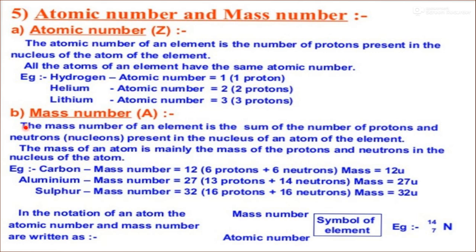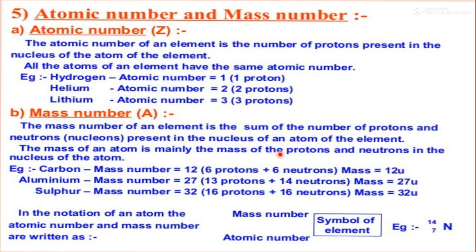Mass number. The mass number of an element is the sum of the number of protons and neutrons, basically nucleons, present in the nucleus of an atom. In the nucleus of an atom, we know that there are two particles present. One is the proton, a positively charged particle, and another one is the neutron, which does not contain any charge.